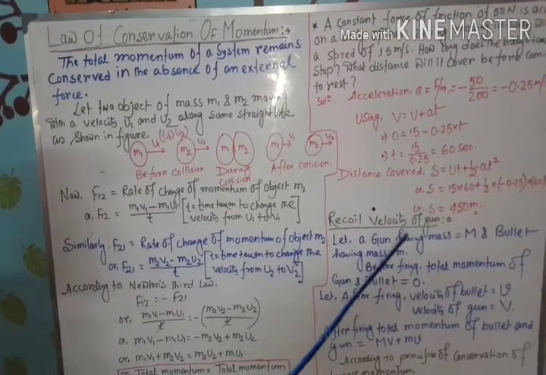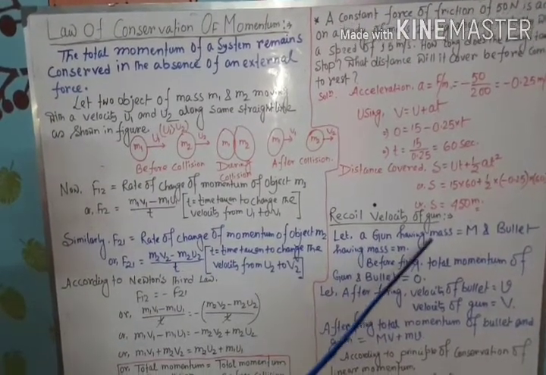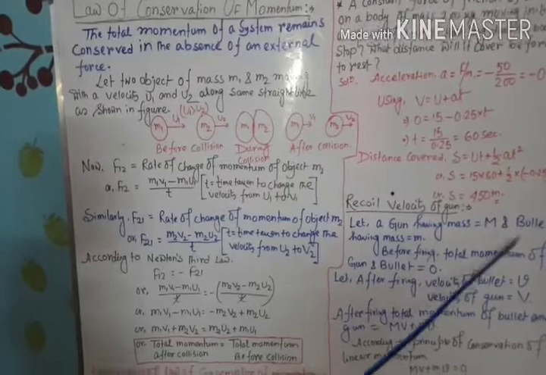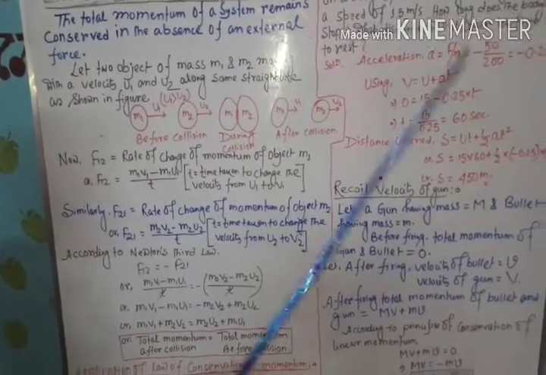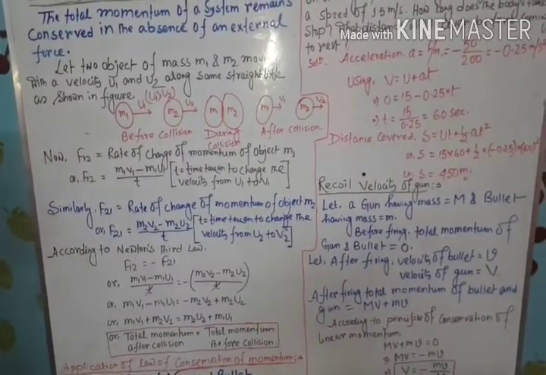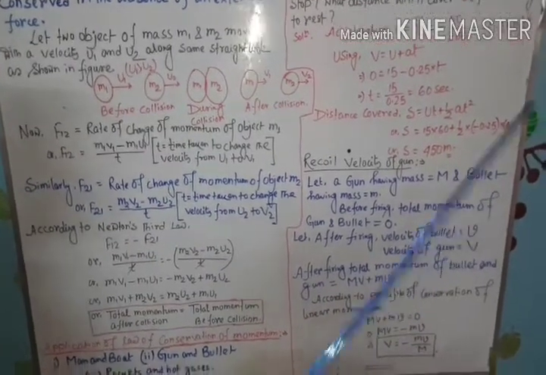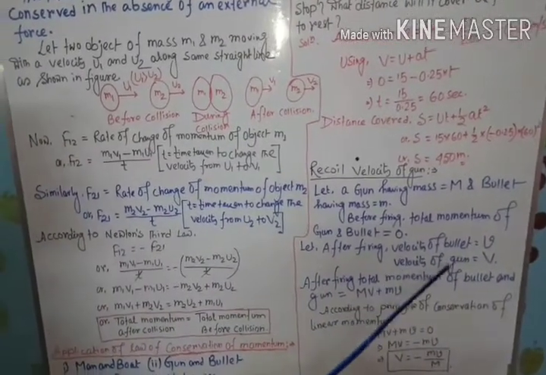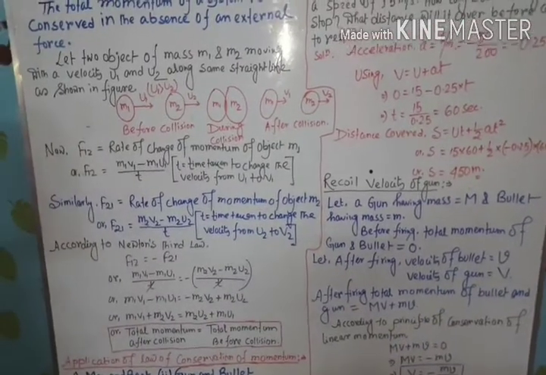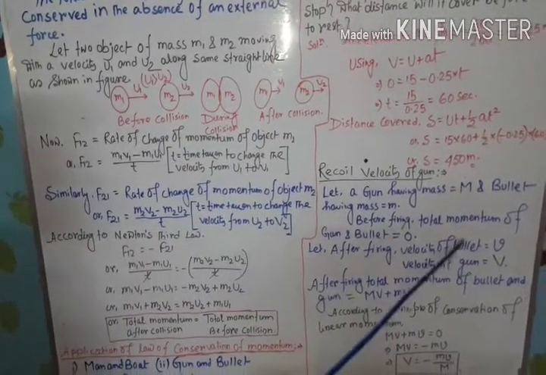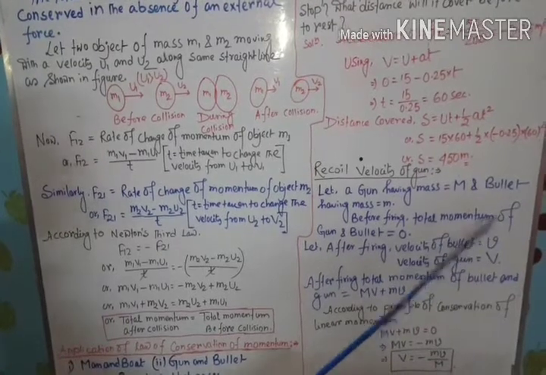Before firing, gun and bullet both are at rest, that's why the total momentum before firing is 0. Now consider after firing the velocity of the bullet is small v and the velocity of the gun is capital V.